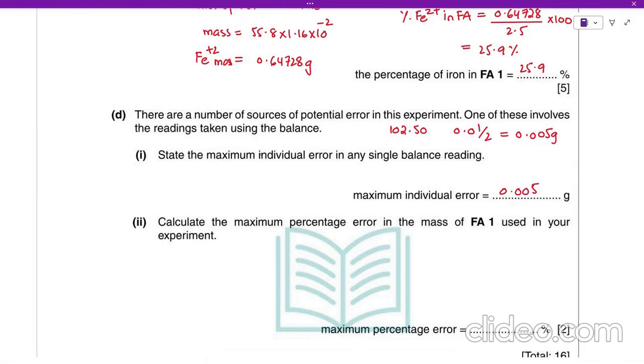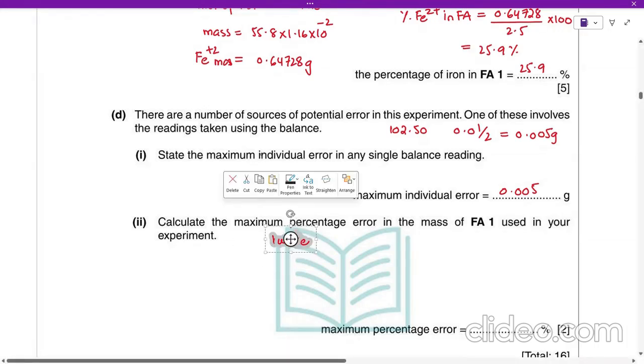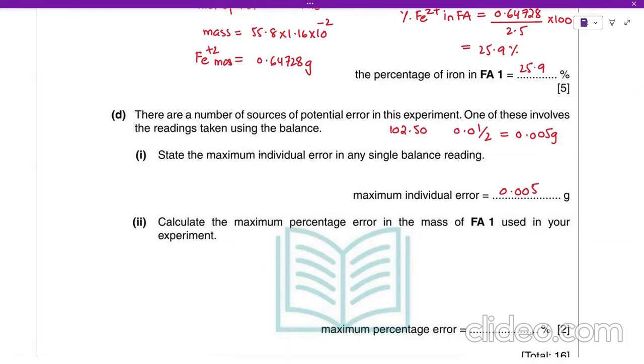When we take the reading multiple times, we have to multiply it by that number of times. Calculate the maximum percentage error in the mass of FA1 used in your experiment. Now how do we calculate this? So the burette has a reading, but they are telling us about the FA1. Okay, there is no connection here with the burette.